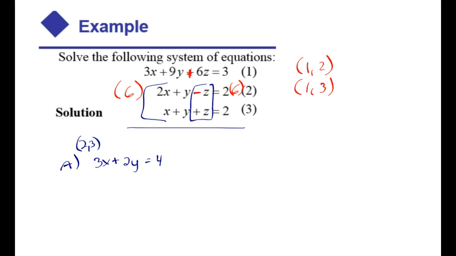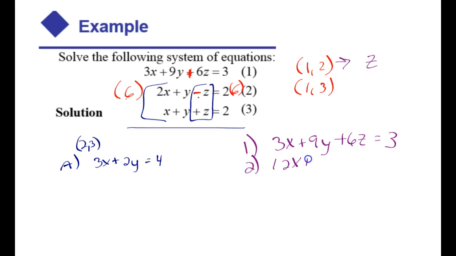And again, I've got a negative sign here and a positive sign here, so I like signs to be opposite. So I'm going to choose to multiply the second equation through by 6. So my line A is going to remain the same, and line 1 will remain the same: 3x plus 9y plus 6z equals 3. But my line 2, remember I'm eliminating the z's, so I had to multiply through by 6.